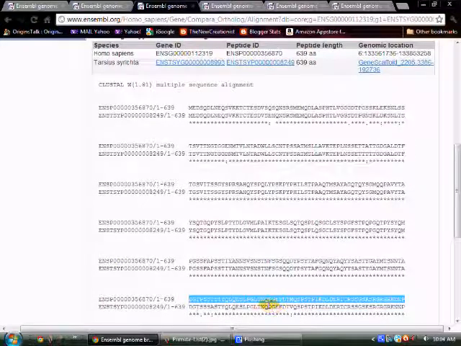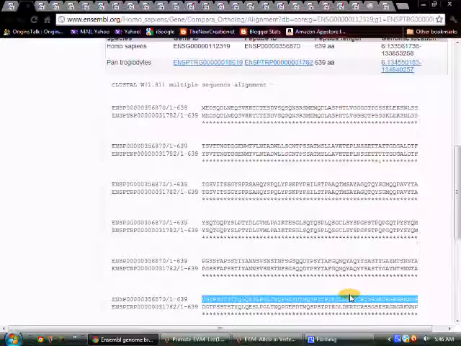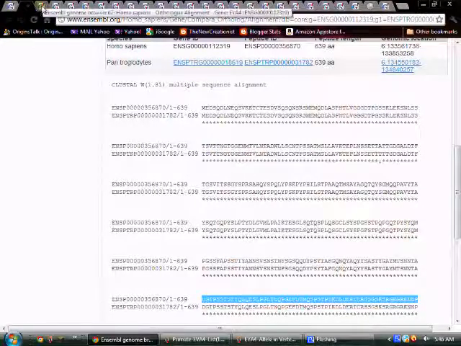Why would it be inserted in gorillas and rabbits and yet not be conserved in humans, chimpanzees, and tarsier?